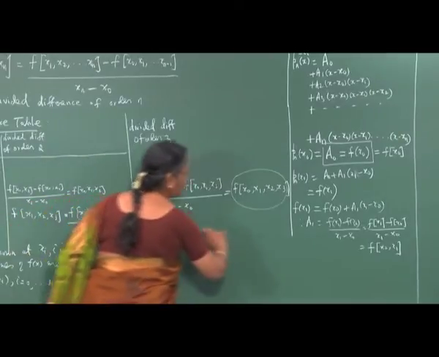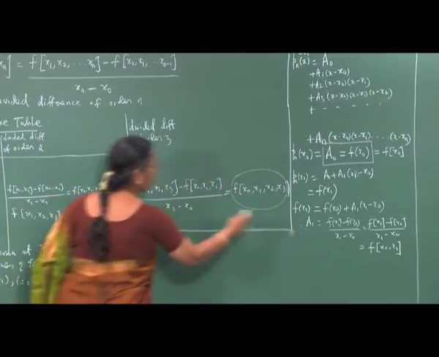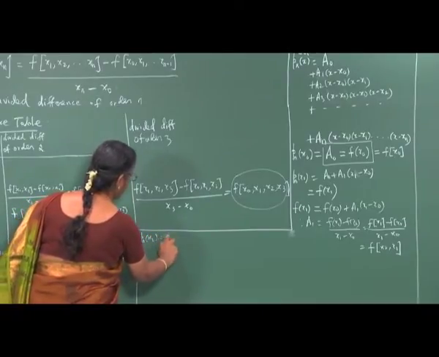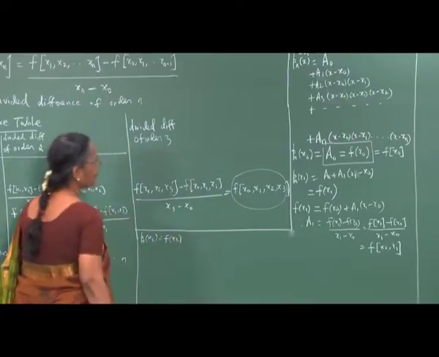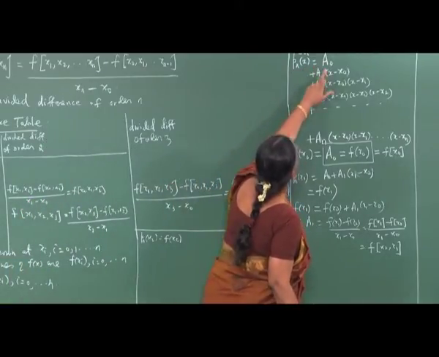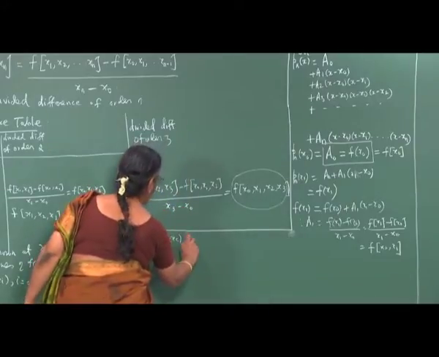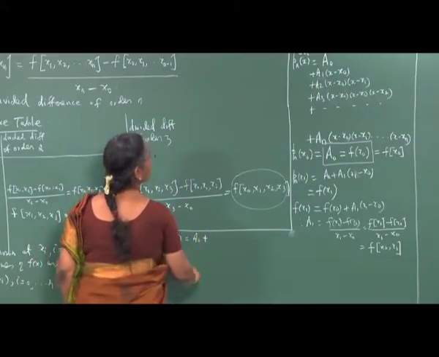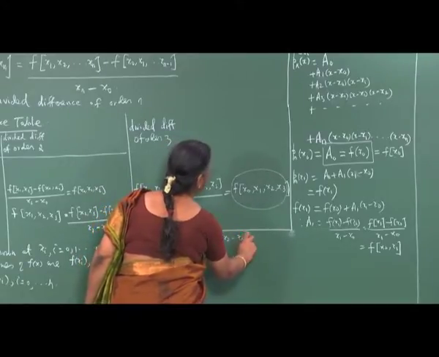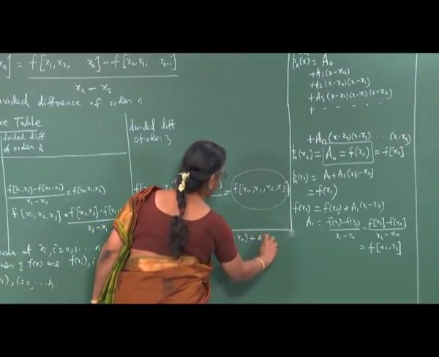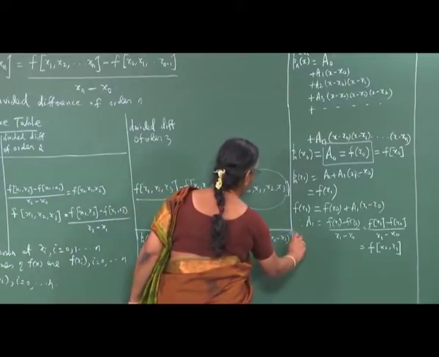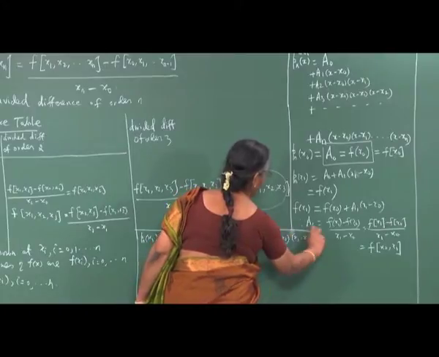So, let us find out what a2 is. I satisfy the condition Pn at x2 must be equal to f of x2. So, Pn at x2 is f of x2 and that is equal to a naught plus a1 into x2 minus x naught plus a2 into x2 minus x naught into x2 minus x1.